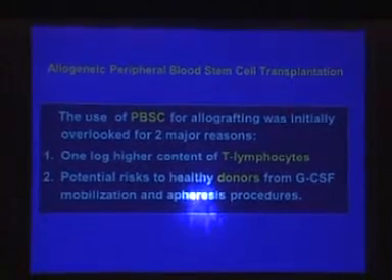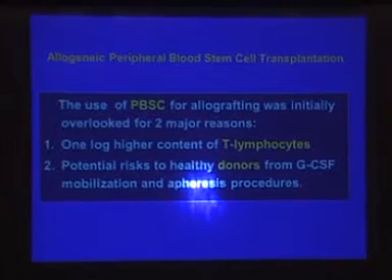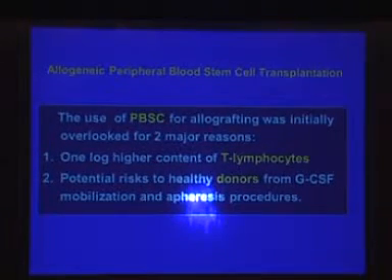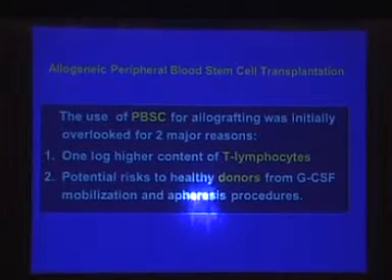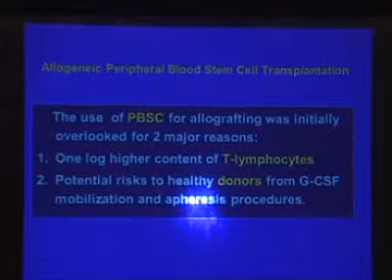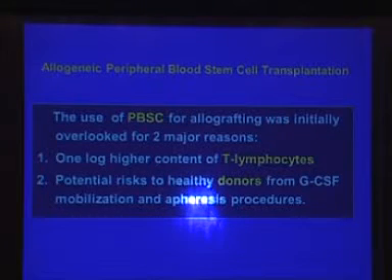And as I just said, the use of peripheral blood stem cells for allografting was initially overlooked for 2 major reasons. First, it contains at least 1 log higher content of T lymphocytes. Again, there were potential risks to healthy donors from the GCSF mobilization and the apheresis procedure.